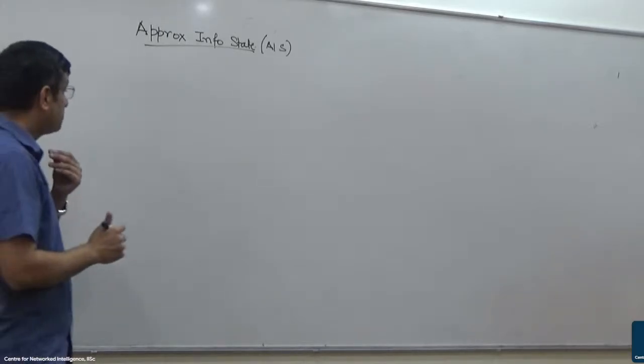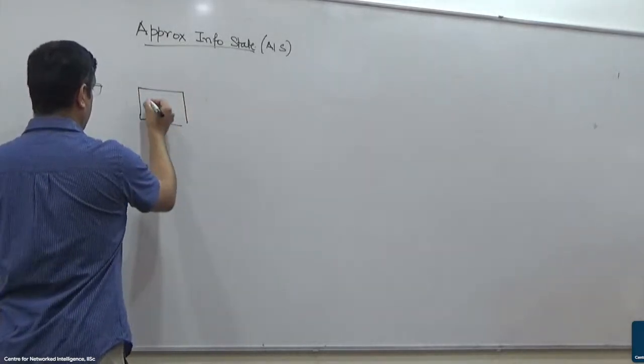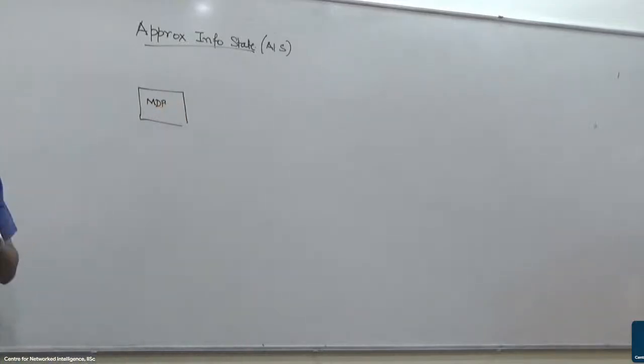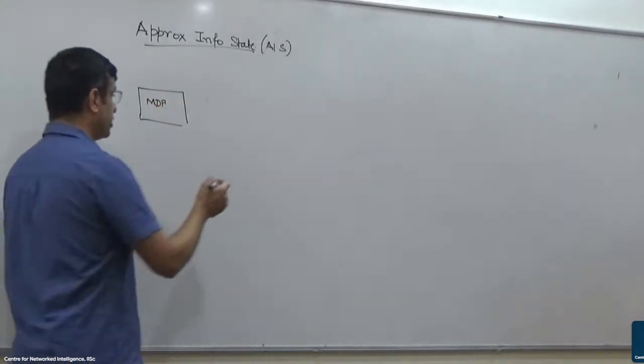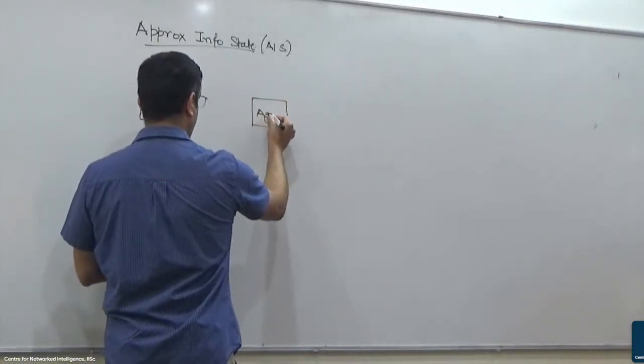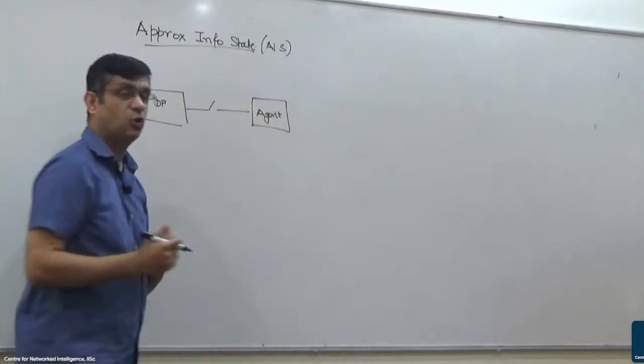So suppose I have an MDP. It has some state, and I have an agent which is controlling this, but it's taking observations over a wireless channel.